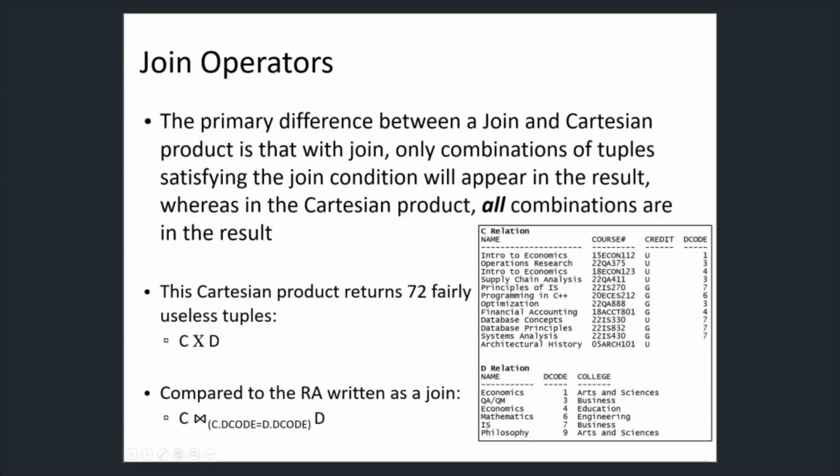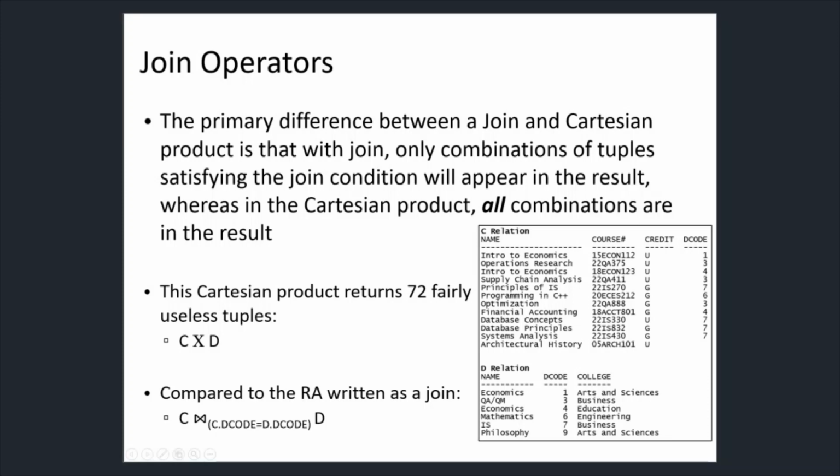You may remember back in our discussion about Cartesian products that we did a Cartesian product with a selection condition, and we said that it was equivalent to a join. And this is true. The primary difference between a join and Cartesian product is that with a join, only combinations of tuples that meet the join condition will appear in the result, whereas with Cartesian product, without a selection, all combinations are included.